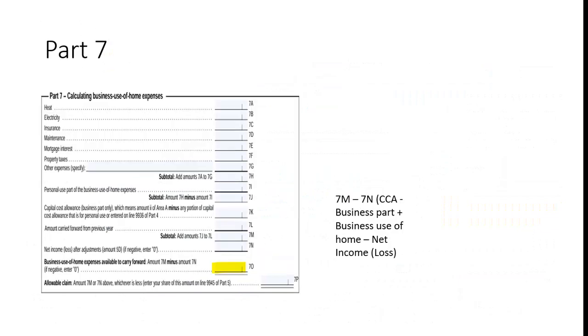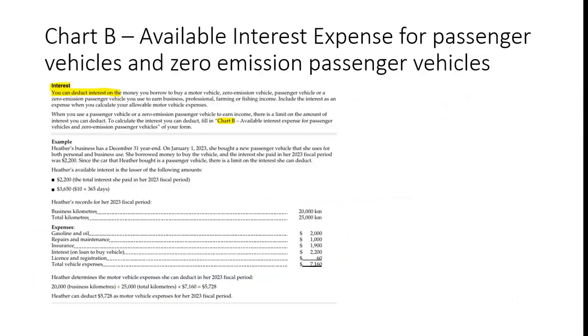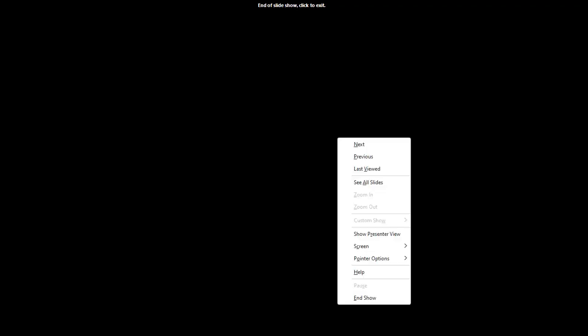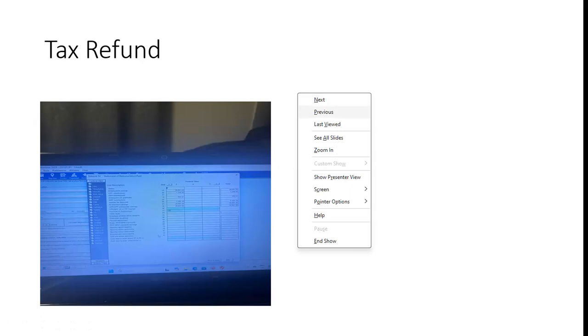So when it comes to your tax owing or tax refund, let's say your T4 slip looks something like this, with around $30,000 in employment income, as well as relevant EI premiums, CPP contributions, and federal income tax deductions.